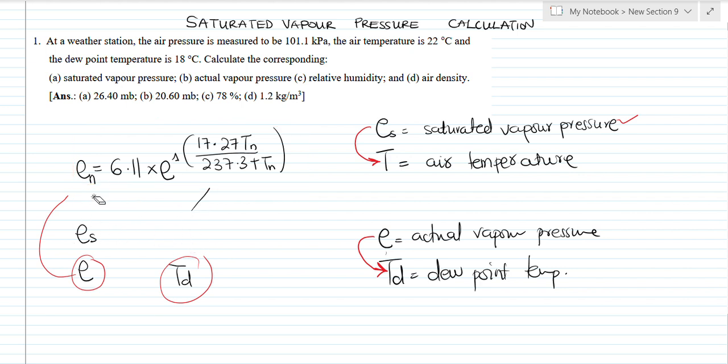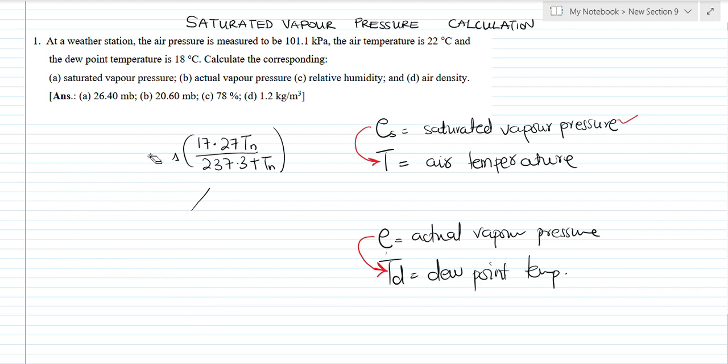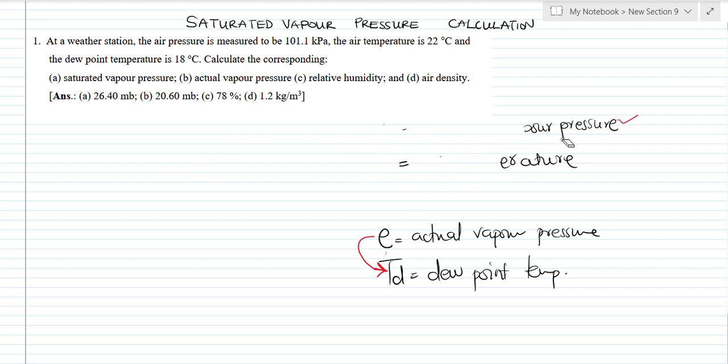So let's see this question that was given to us and how we go about it. The question said that at a weather station, the air pressure is 101.1 kilopascal.